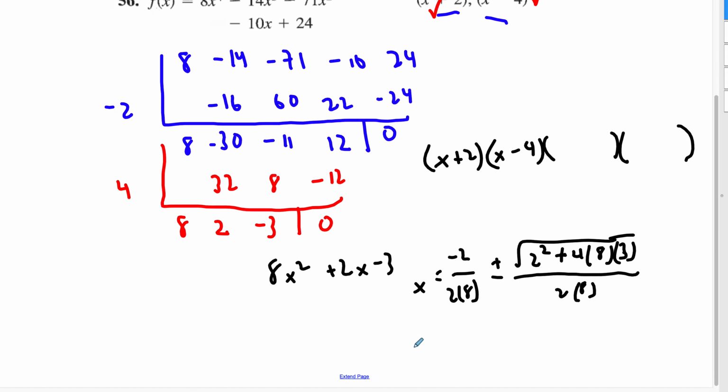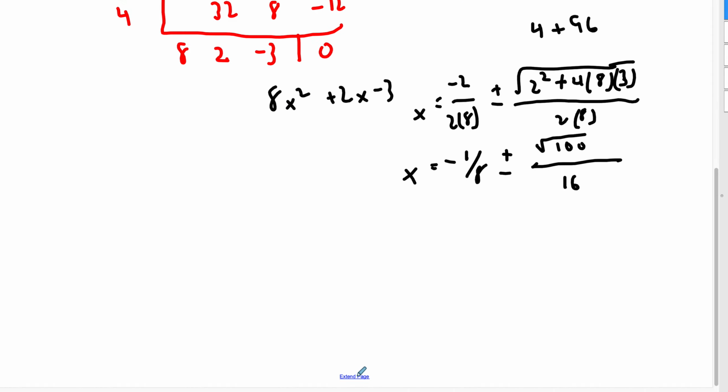Okay, a little bit of simplifying. x equals, well, that's going to cancel, so negative 1/8 plus or minus, this is going to be over 16, right? 2 squared is 4 plus 32 times 3 is 96, so this is the square root of, it worked out. It was actually a decent square root, square root of 100.